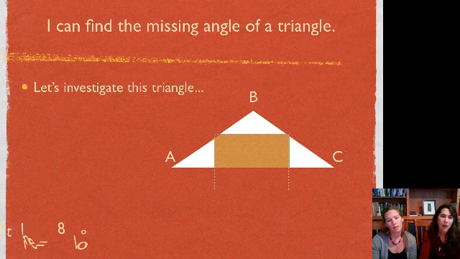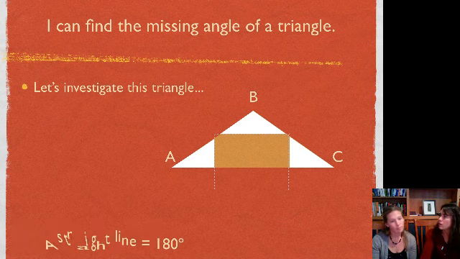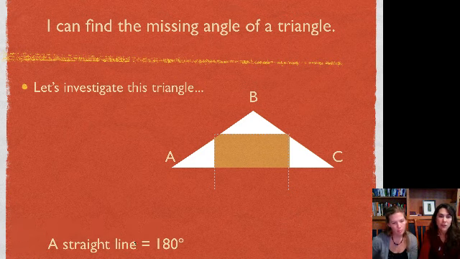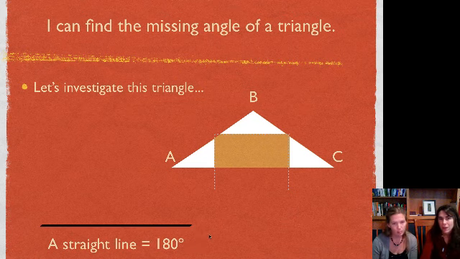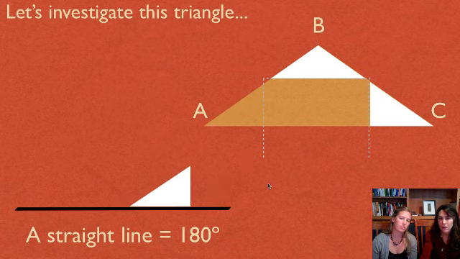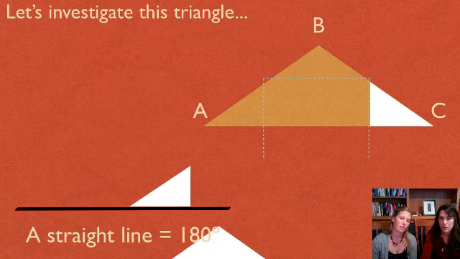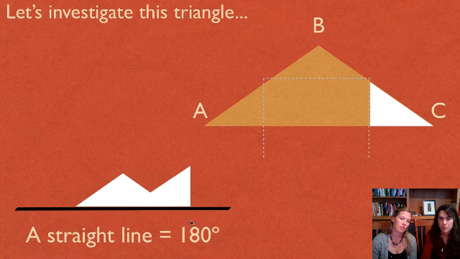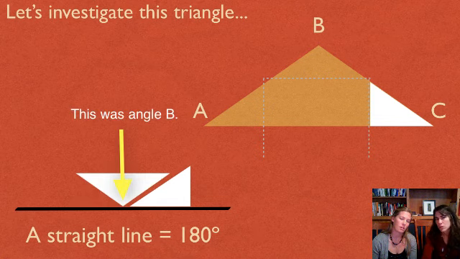Now we want to think about a little review from learning goal 1, that a straight line equals 180 degrees. So here's our straight line. Now if we take angle A and slide it on over, and then if we take our angle B, but if you remember here, we want to turn it over.